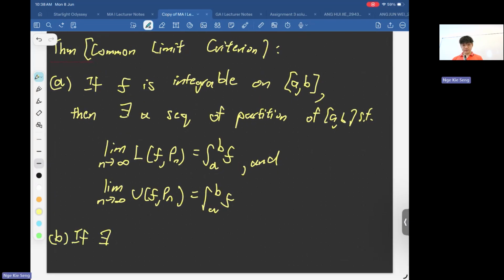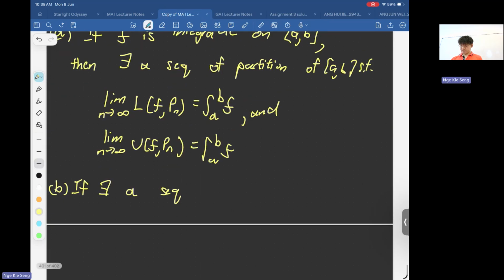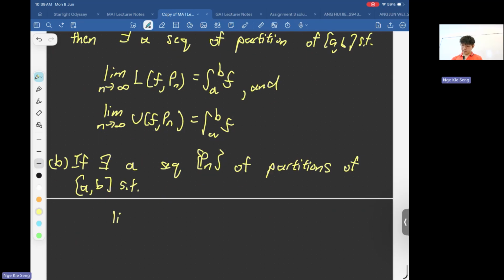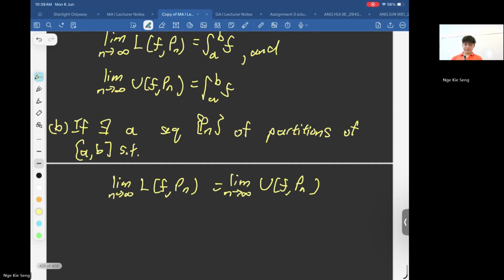If there exists a sequence P_n of partitions of [a,b] such that the two limits coincide, then f is integrable.